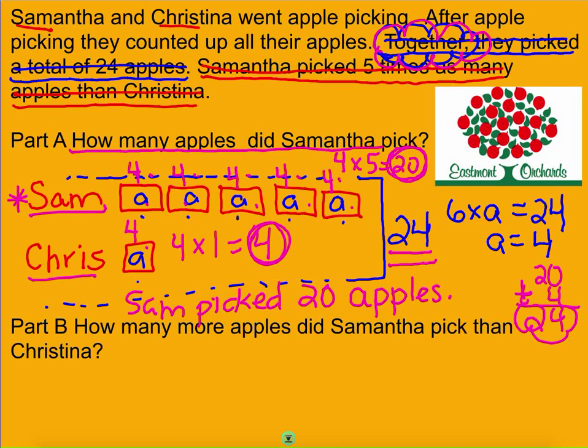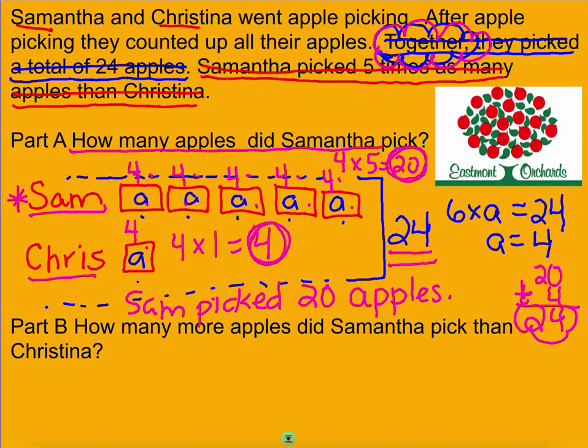Okay. Now part B is asking how many more apples did Samantha pick than Christina? Now, this is not a times as many question, but this is asking you to answer it using the model that you have drawn. So we can ask many questions about someone's model. Now that we have a Sam total and a Christina total, we can answer further questions.